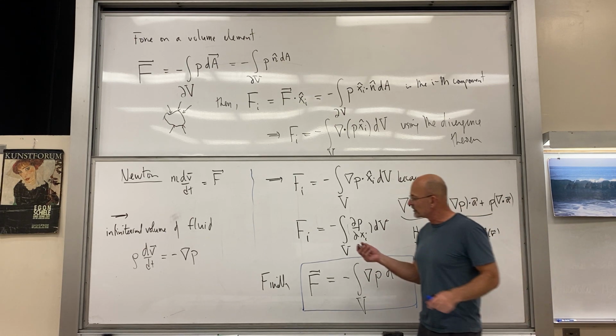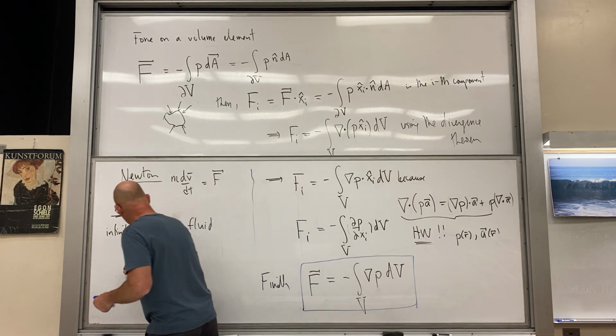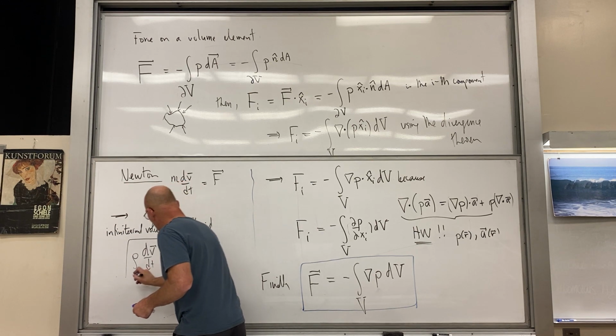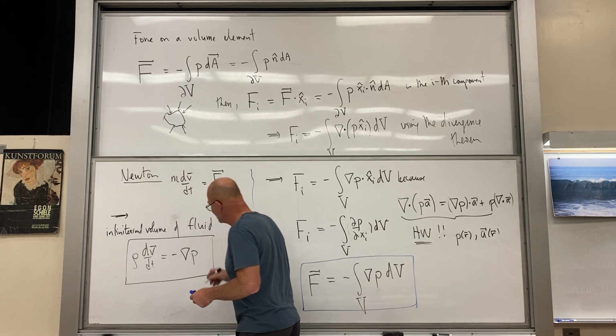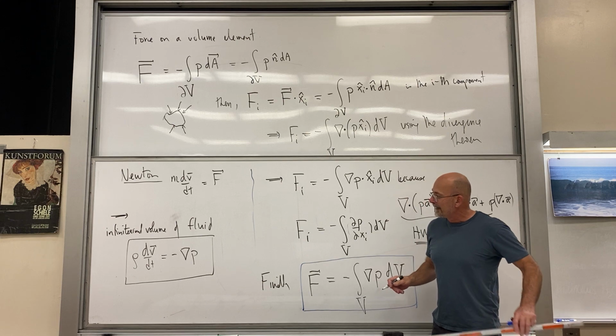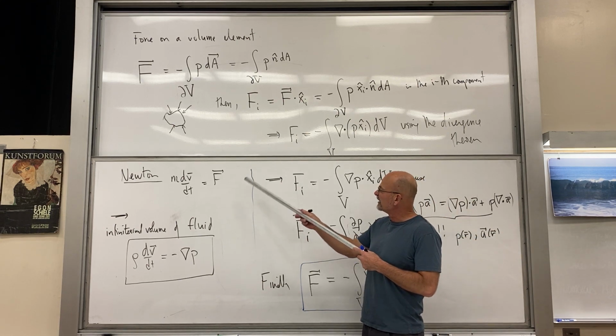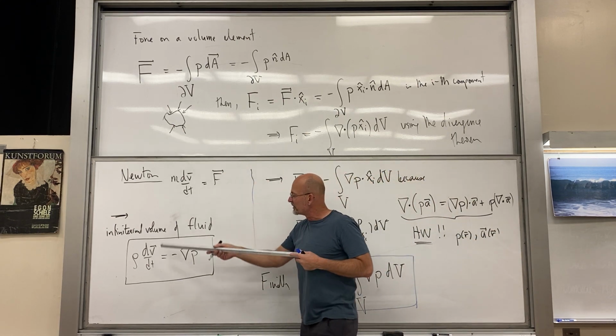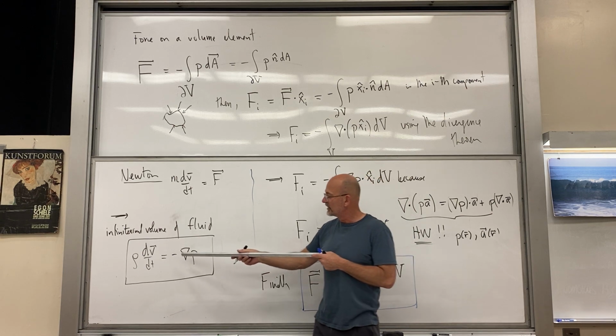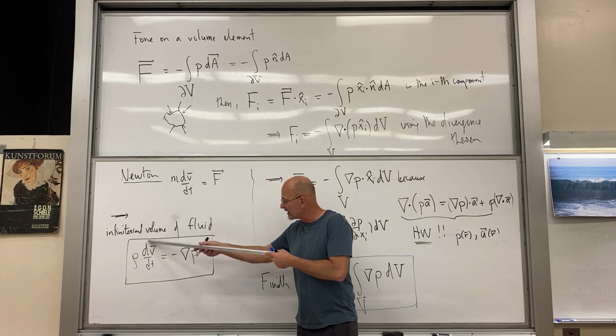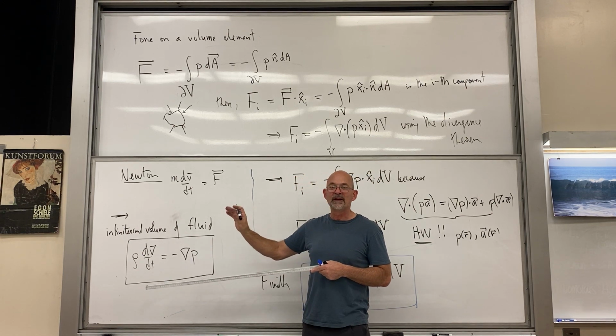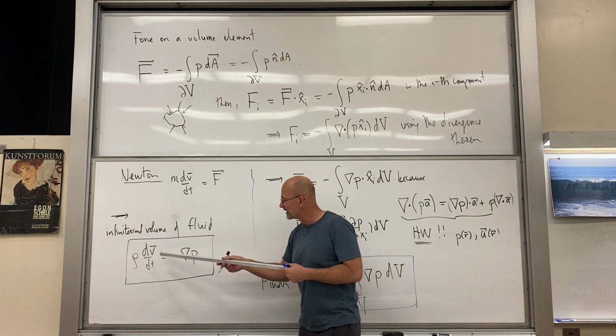So there's Newton's law, but it's not in the form that we can use it yet for a field theory, because we're actually thinking that this little infinitesimal drop is going to be pushed around somehow and move as a semi-point mass, as a little particle.